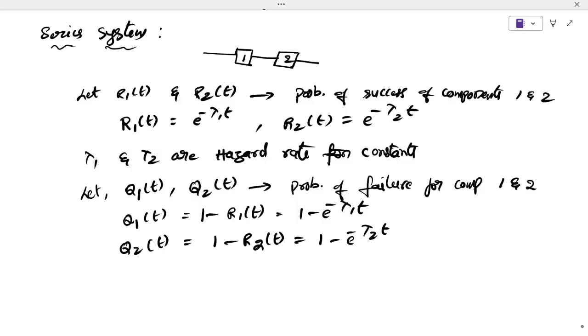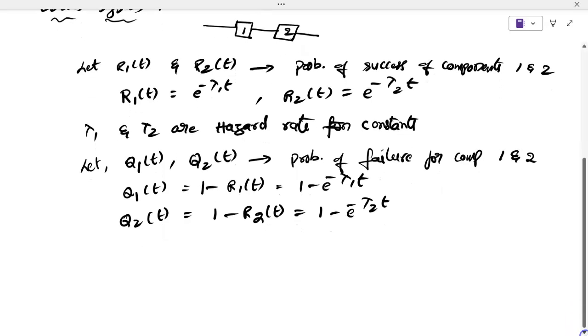Okay. Now as this is the series system, you know how the total system reliability will be.